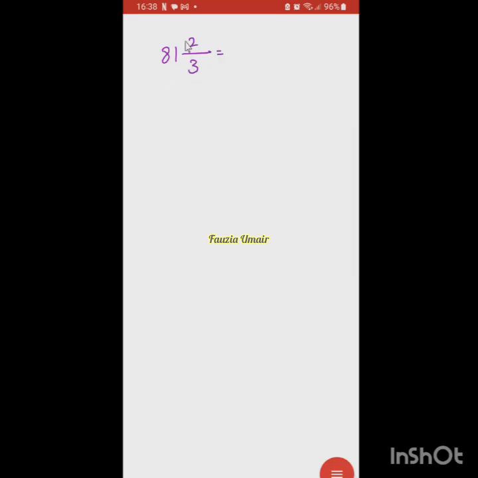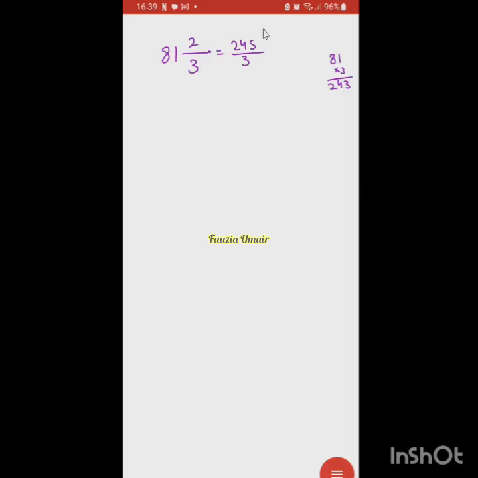First of all, I will convert this mixed number into an improper fraction. So I will multiply 81 with 3. What is 81 multiplied by 3? 243. Yes, and if you add 2, this will be 245 divided by 3.